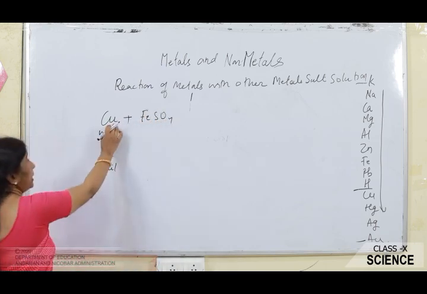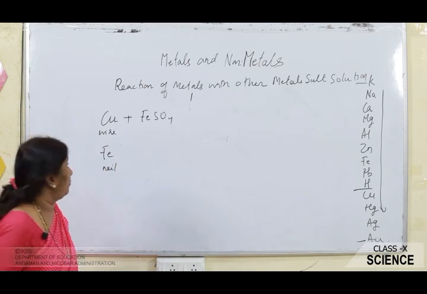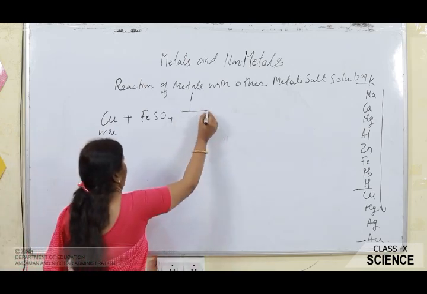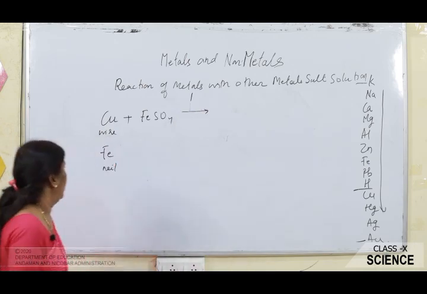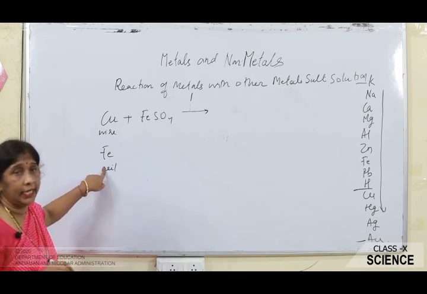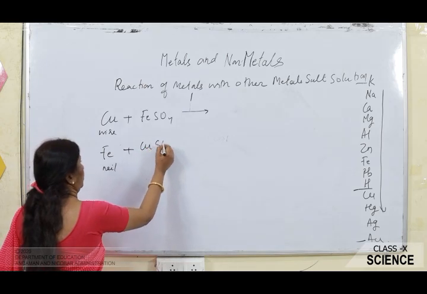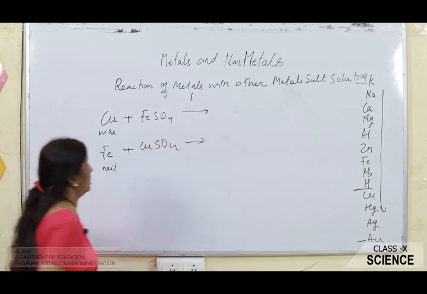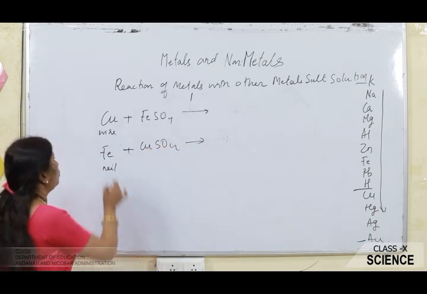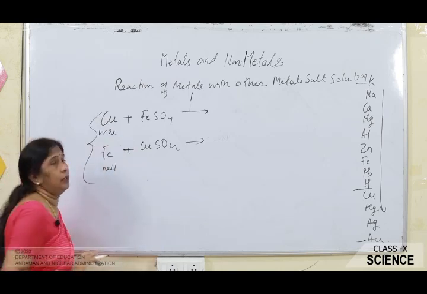We will put this copper wire in the ferrous sulphate solution and let us see what happens. Similarly, we will dip the iron nail in copper sulphate solution. Here we will take copper sulphate solution and we will try to observe what is the observable change.